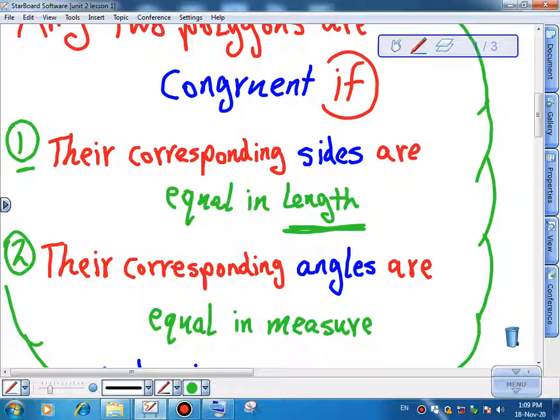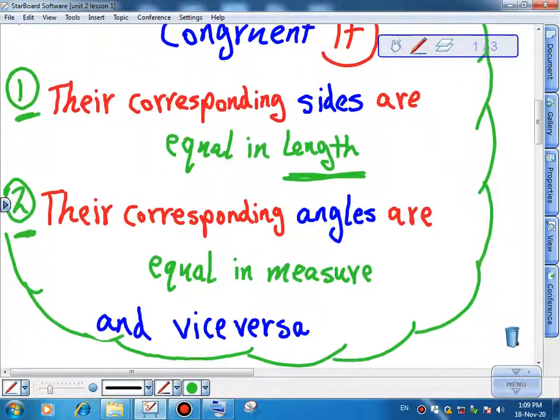Any two polygons are congruent only if both 1 and 2 hold: all corresponding sides are equal in length and all corresponding angles are equal in measure.